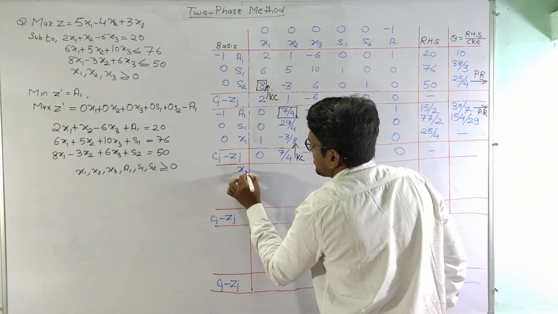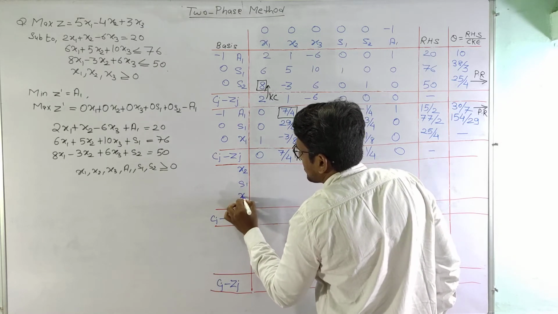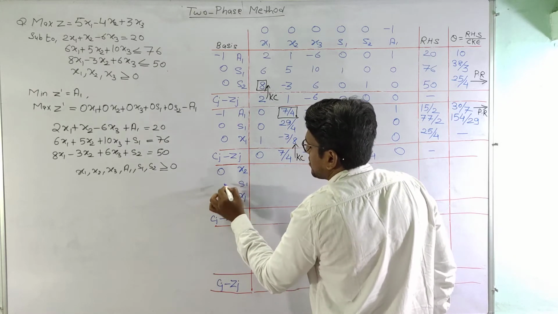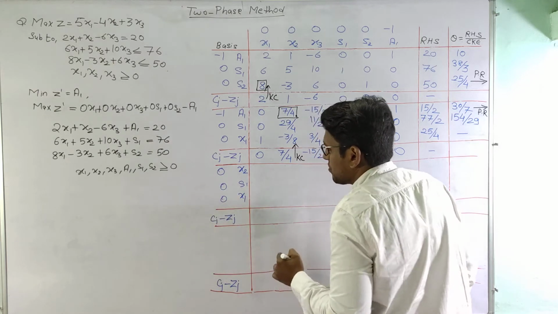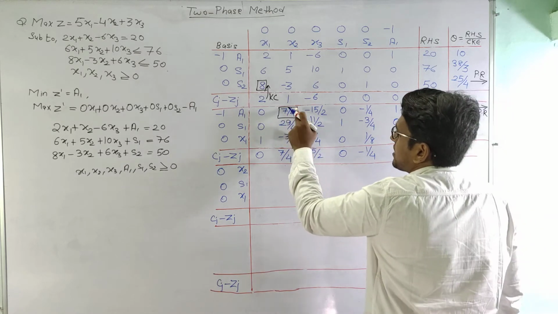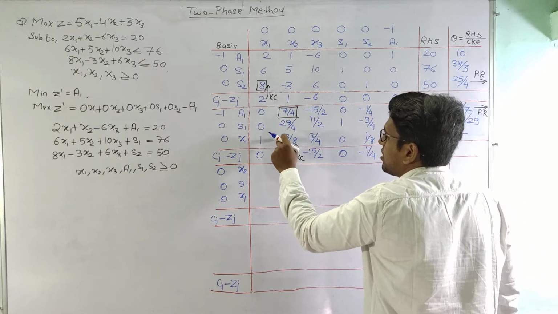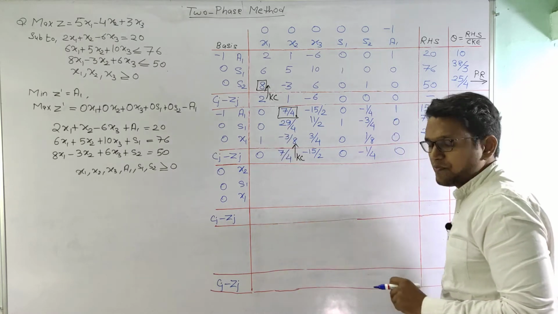x2 has replaced a1, this is s1 and this is variable x1. The objective function coefficients are 0, 0 and 0, and now we need to make this 7 by 4 as 1 and the remaining values in the column as 0.